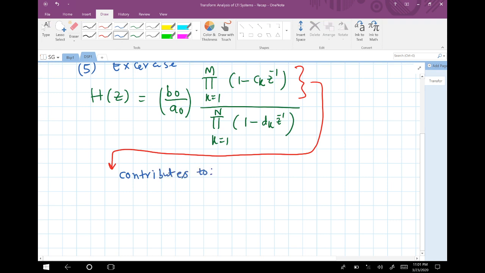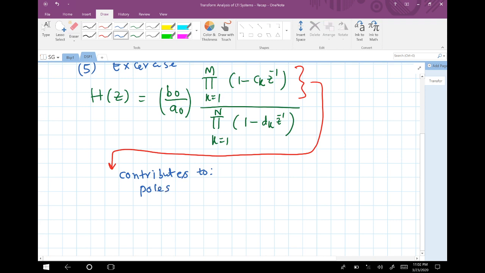You could rewrite each of those terms as c_k by z. That means if you take the LCM, that is z minus c_k, which has a root at c_k, and in the denominator you have z, which means it contributes to poles, right?